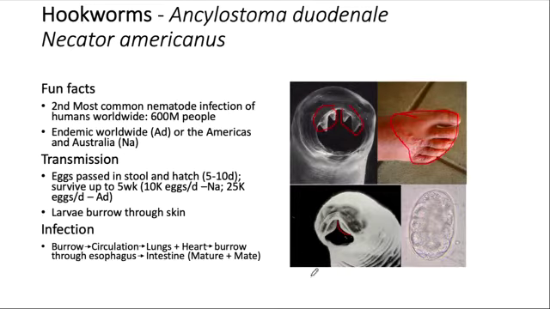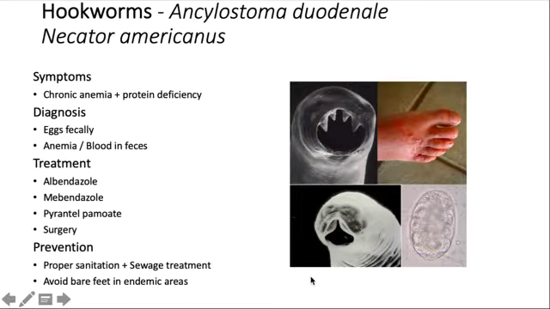That's the characteristic features. In terms of the symptoms, there is a chronic anemia and deficiency in protein as well. They are diagnosed using the eggs from contaminated feces, or from the presence of anemia or blood as well in the feces.